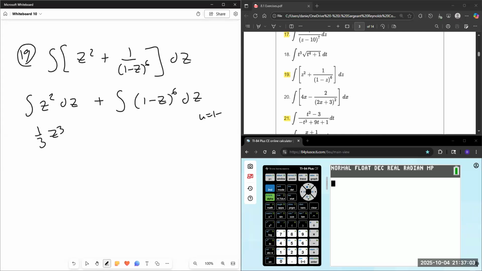U is 1 minus z, du is a negative dz, so the negative 1 and negative 1 give me a minus, and then that is negative 6 here. So this is (1 minus z) to the negative 5th divided by negative 5 plus c.